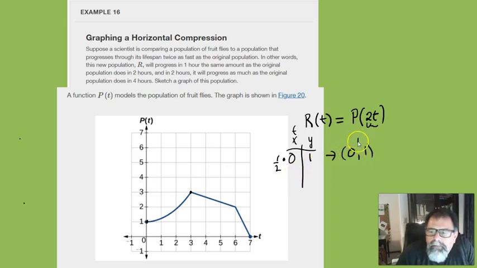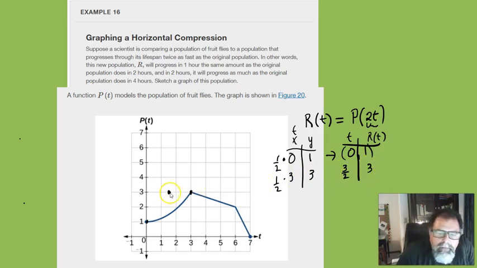And then if I do t and R of t. And then if I do, this one is 3, 3, and I'm going to multiply that by 1/2. So that'd be 3/2, or 1.5.